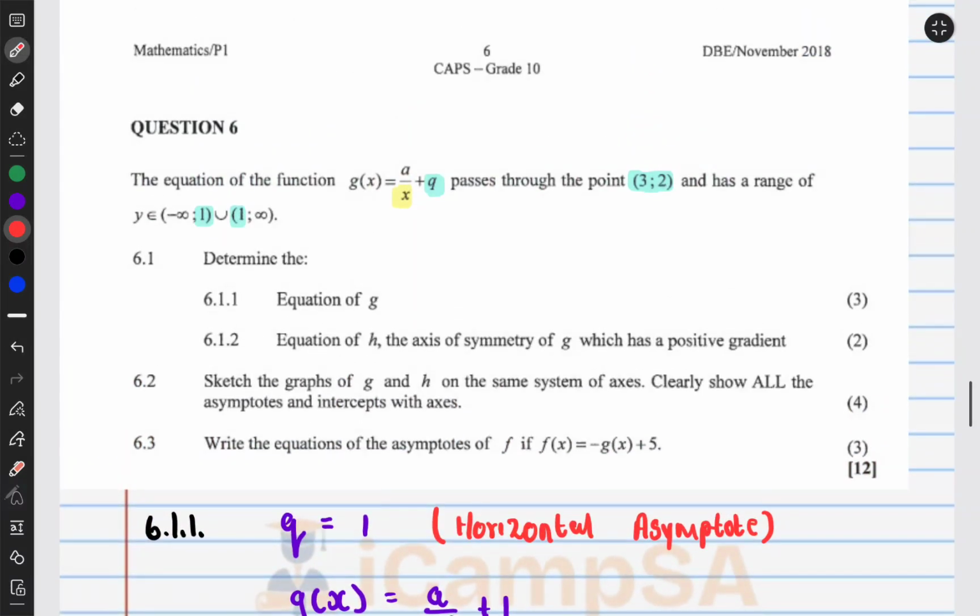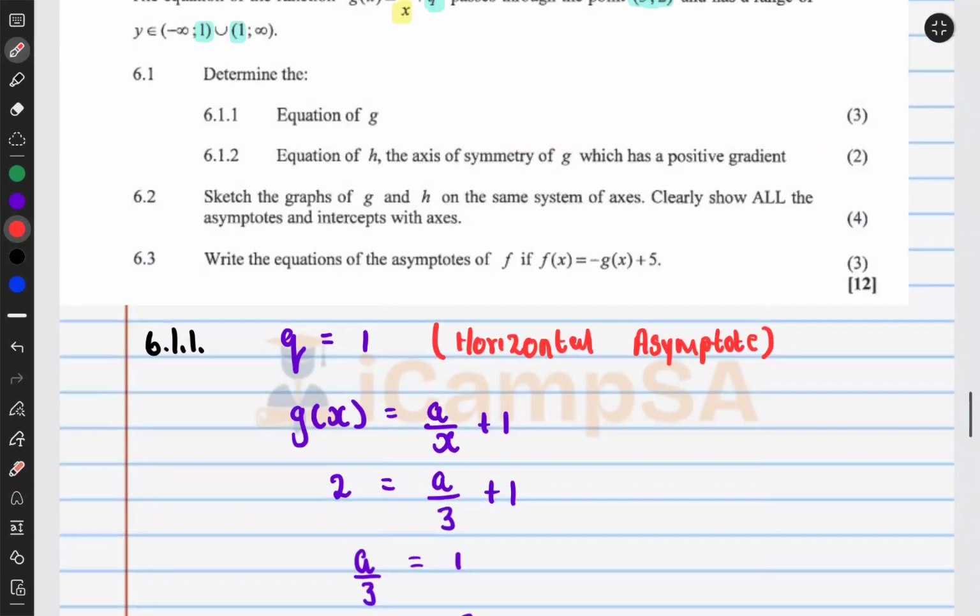Okay, and then from there, the equation of h, the axis of symmetry of g, which has a positive gradient. Remember that the equation of the axis of symmetry is either y is equal to x plus or minus the value of the asymptote for the one with the positive gradient, and the one with the negative gradient is always going to be y is equal to negative x plus or minus q, the asymptote.